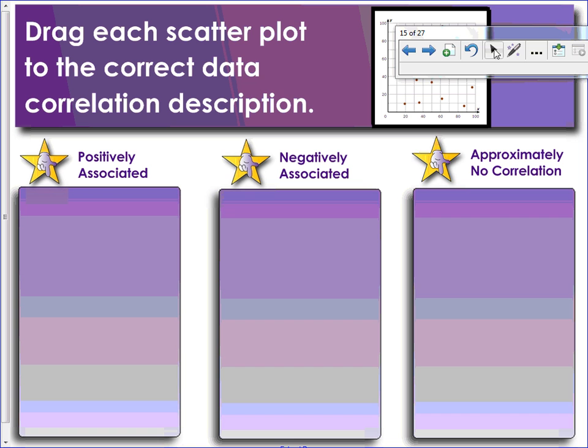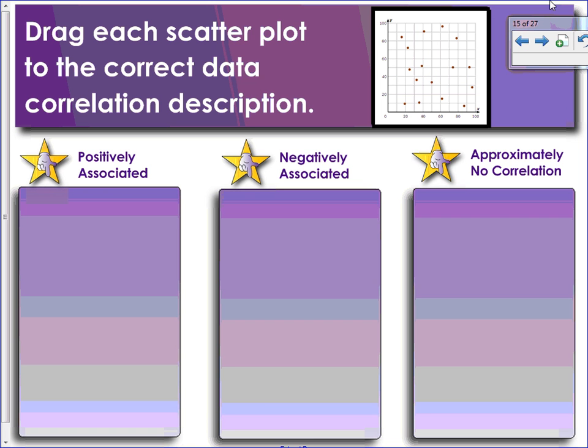Okay, let's take a look at scatter plots. Drag each scatter plot to the correct data correlation description. When I'm looking at scatter plots, I'm looking at whether it's a positive association of data, a negative association of data, or no correlation whatsoever. So what does this have? No correlation.